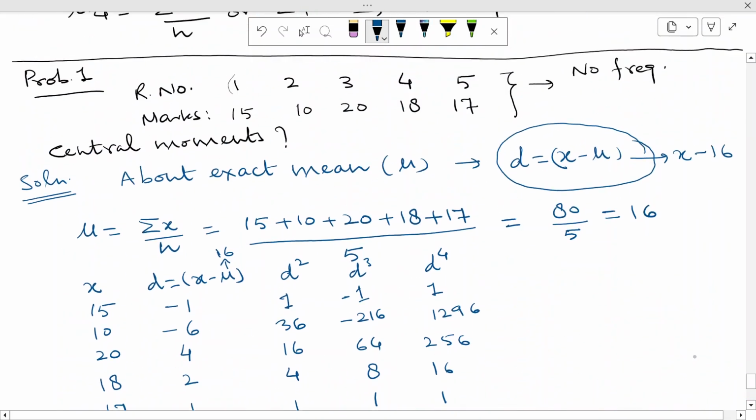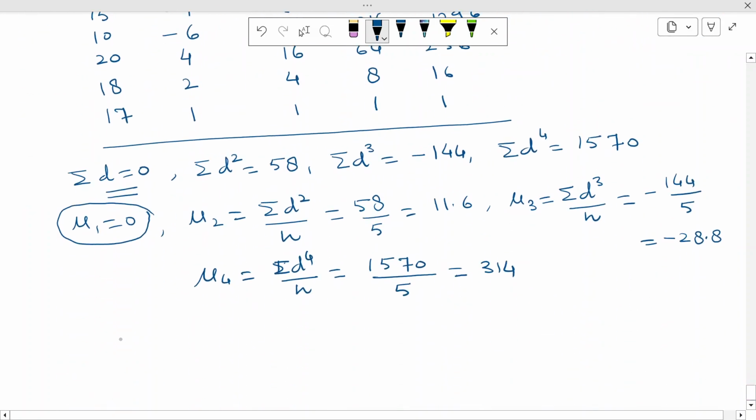The important thing is, as we saw in the beginning of this video, that the type of the moments is determined by this deviation. If you are calculating the deviation from the mean, then it is central moments, and if you are calculating the deviation from any other number, then we call such moments non-central moments.